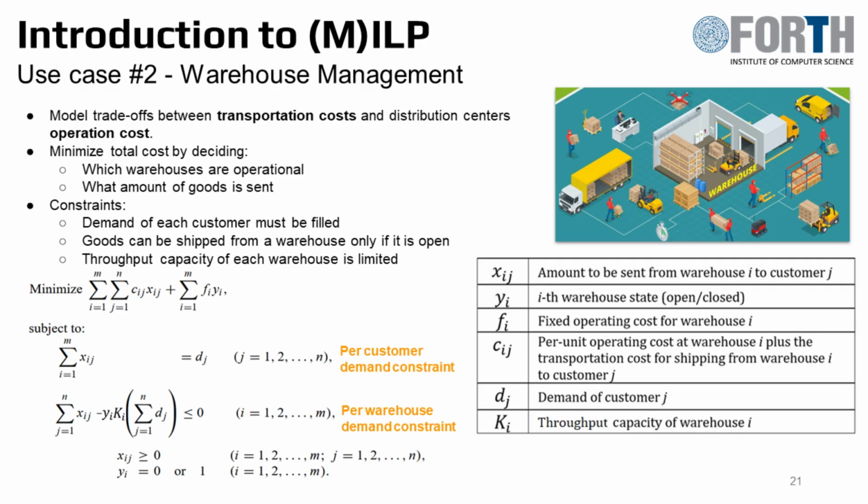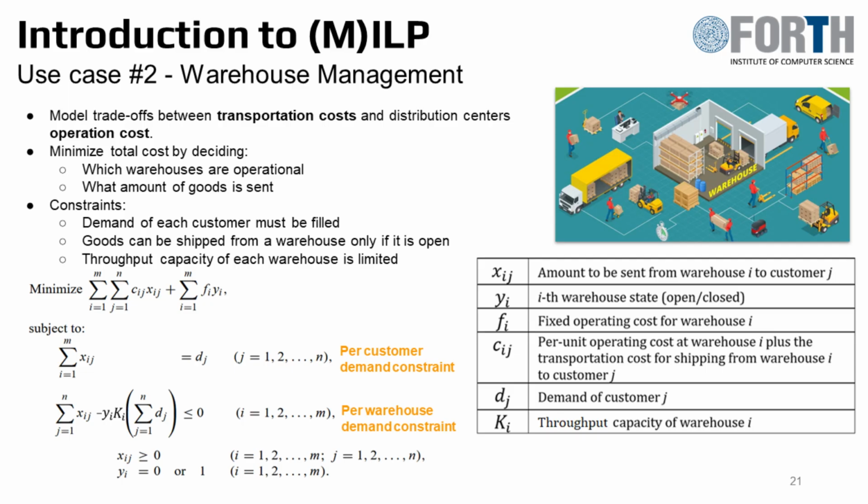We can now make the model more realistic by introducing capacity limitations. In practice, each warehouse has a limited throughput. Even if it is open, it cannot ship unlimited quantities. This is captured by adding a capacity parameter for each warehouse. The total quantity shipped from a warehouse must not exceed its capacity, and that restriction only applies if the warehouse is open.